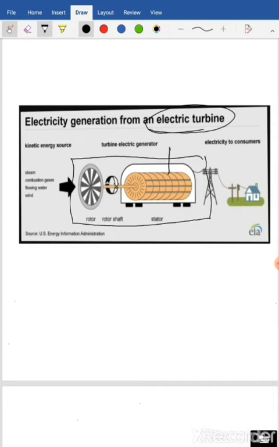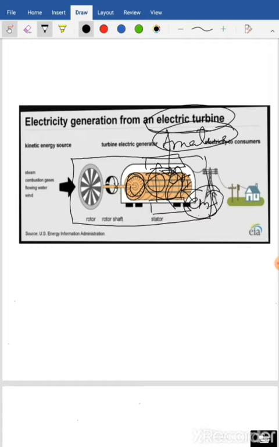So here you have the armature. Armature is a soft iron core which is wound over by some copper wire, and there is a big permanent magnet here. And with the interaction of this magnetic field, when the armature rotates, an EMF is generated here, which in turn generates electricity.